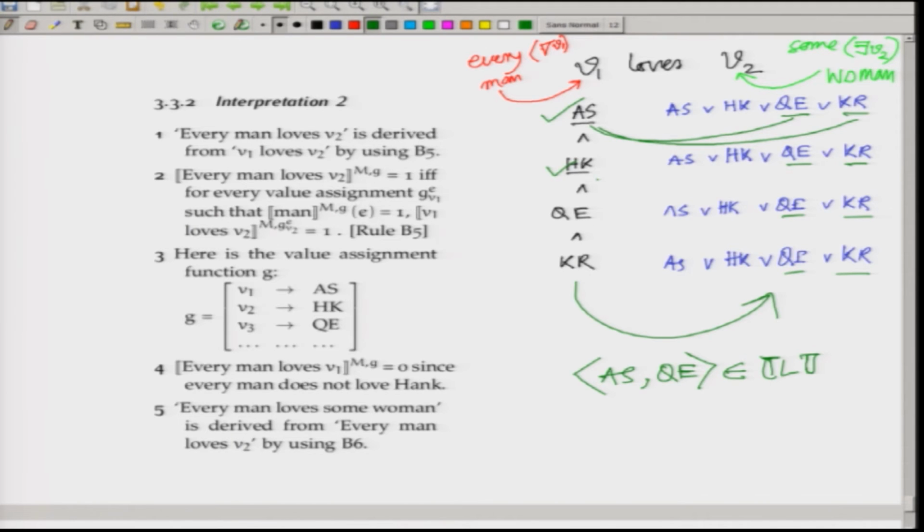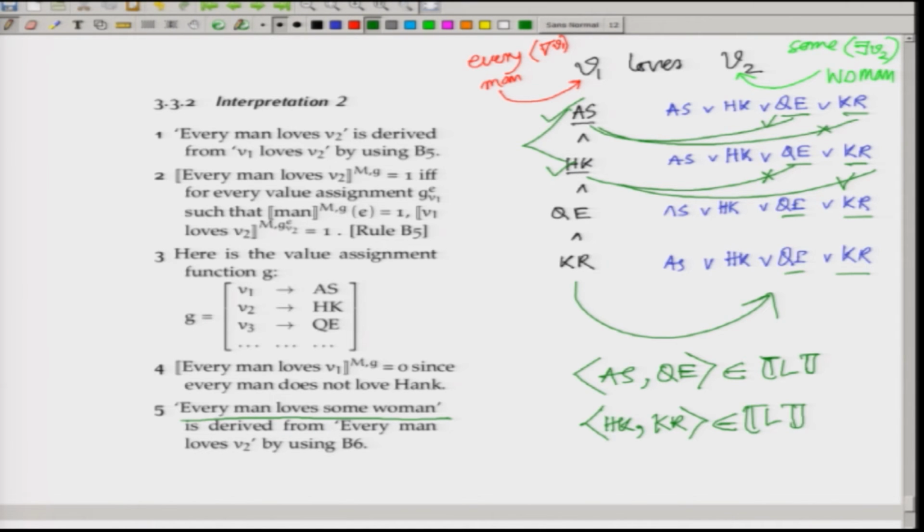So, the second one is once again QE and KR. QE does not, but KR does. So this also qualifies, right, because HK comma KR belongs to L. Because both the conditions are satisfied, we can say that the value of the final thing, that is every man loves some woman, is actually 1.